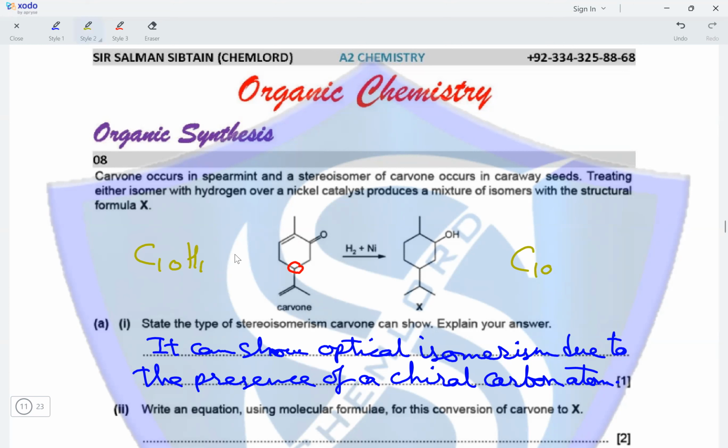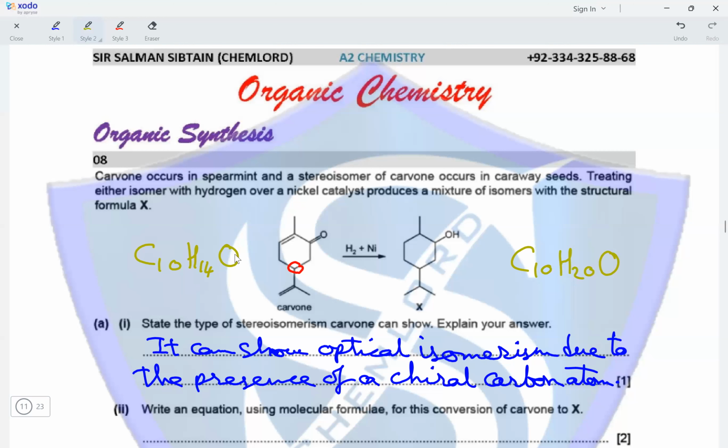So H14. And on the right side, since we have 3 double bonds that are converted into single bonds, each double bond will have an addition of 2 hydrogen atoms. So 3 times 2, we have an addition of 6 hydrogen atoms. So there would be 20 hydrogen atoms in X. In total, there would be 1 oxygen in carvone and 1 oxygen in X.